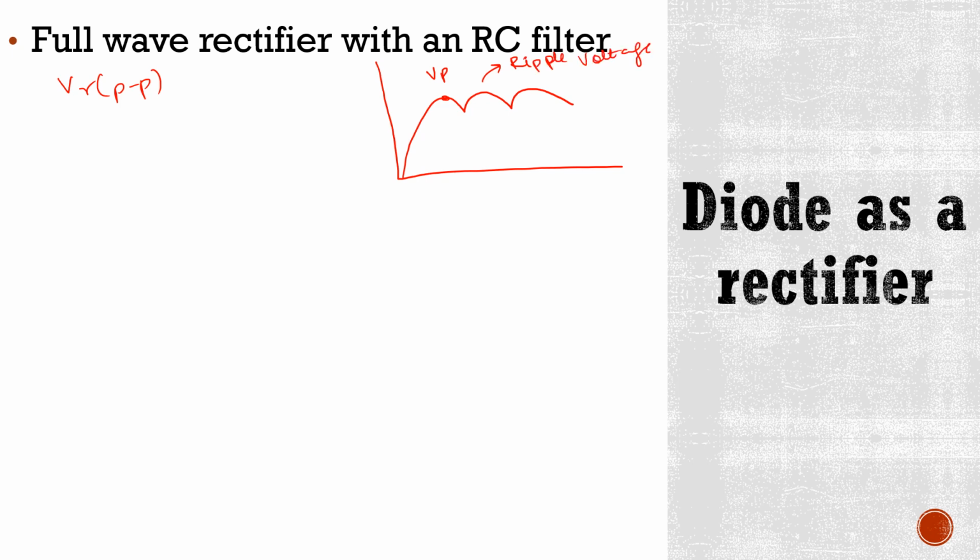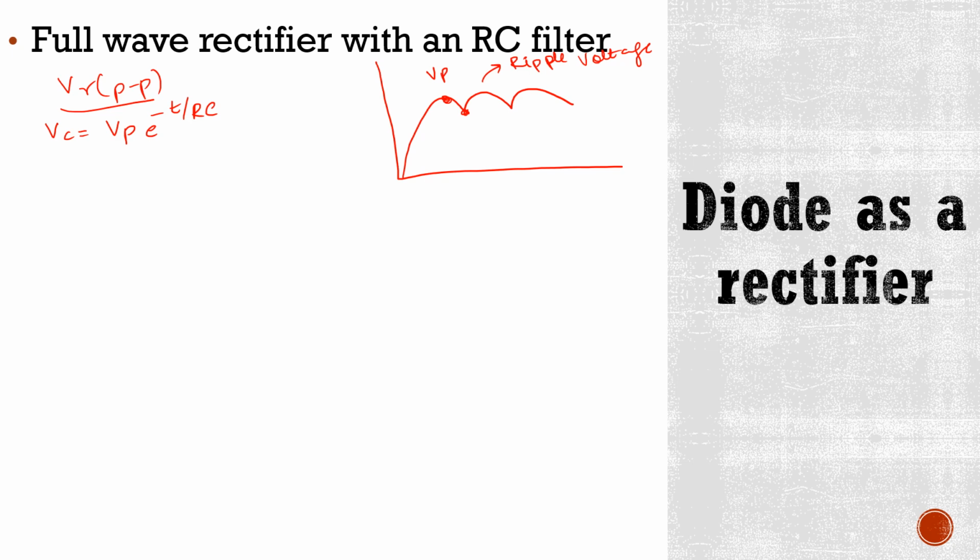Now, in order to find this peak to peak ripple voltage, we have to find minimum and maximum values of ripple voltage. During discharging, the voltage across capacitor is given by the equation Vc is equal to Vp e raised to the power minus t divided by RC.